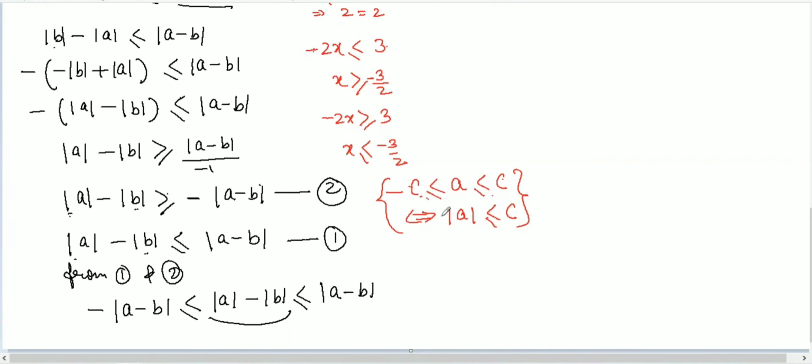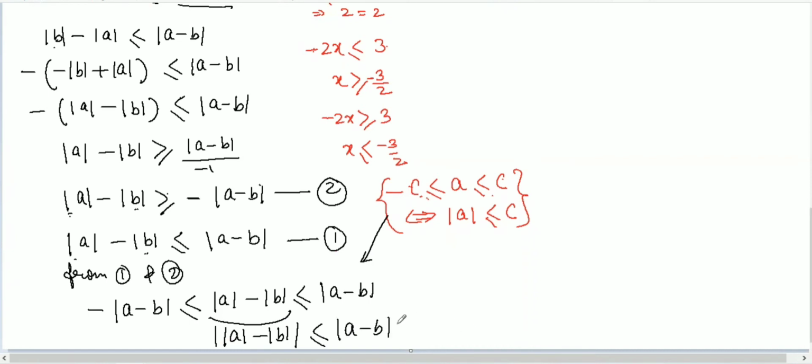These two properties I explained in the triangle inequality video. You can watch that video first. Now use these properties of the absolute value of a real number. So the absolute value of a minus absolute value of b will be less than or equal to absolute value of a minus b.